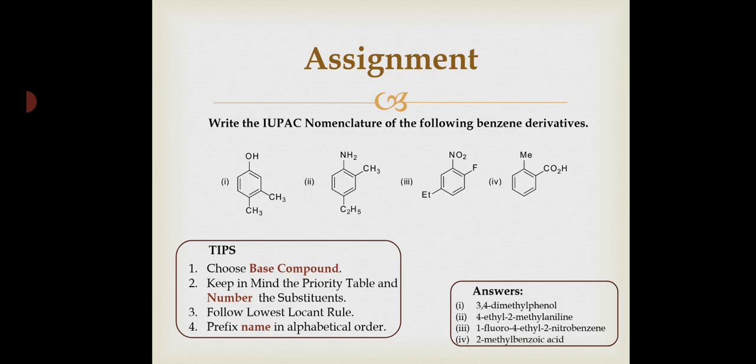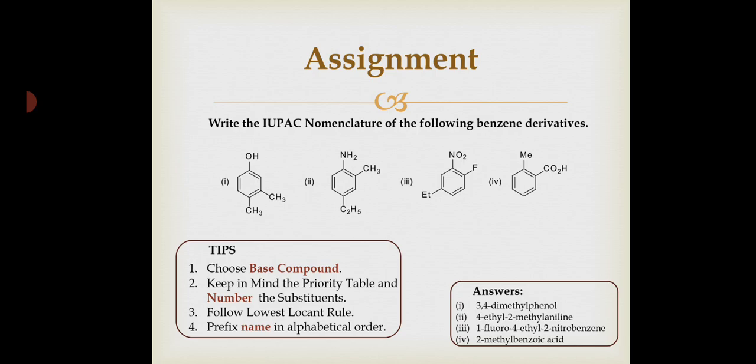The third compound will be named as, the base compound here is benzene, and where should we start our numbering? There are 3 groups: fluoro, nitro, ethyl. If you see the priority table in video 8, who gets preference? Halides.